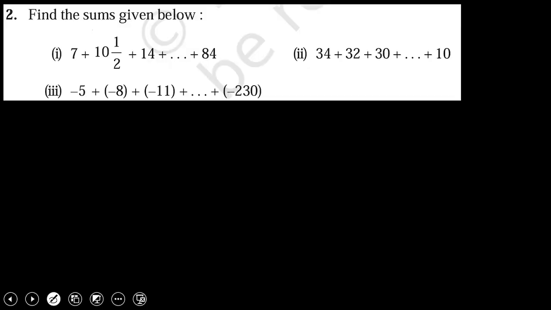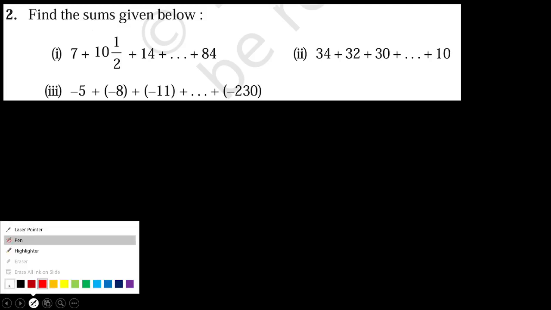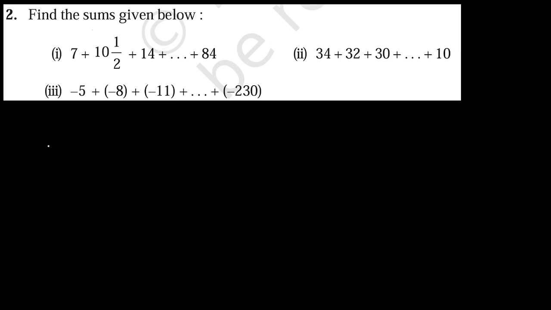So I am going to discuss the first question. Let me write the question. Oh, the question is already there, right? The first question, a is equal to 7. Understood? Common difference, yes, I can write it. 10 half means 10.5. 10 half means 10 plus half, so don't think of it as 10 into half.